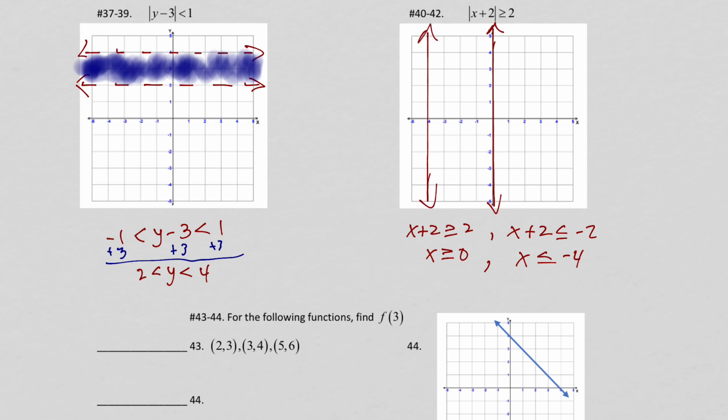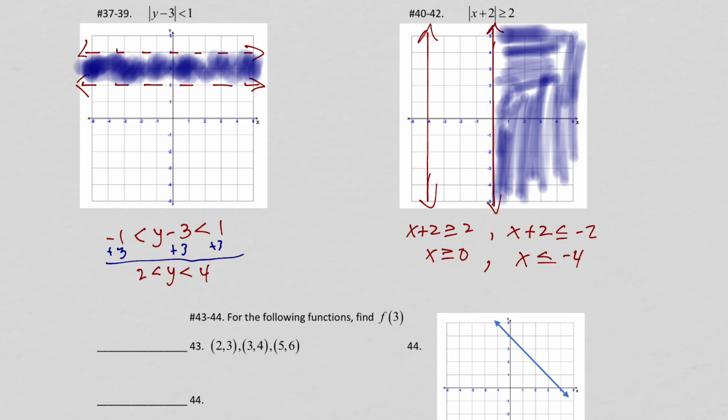Now, greater than 0 is the greater side of this, so we're shading this side. And less than negative 4, here's our negative 4, less than is this side. So we're shading this area right out here.